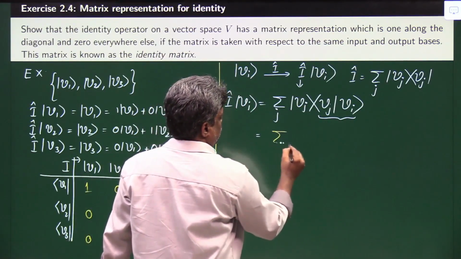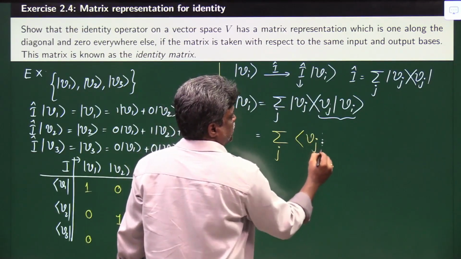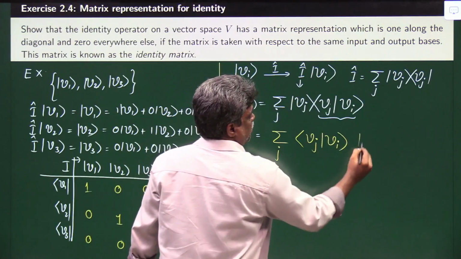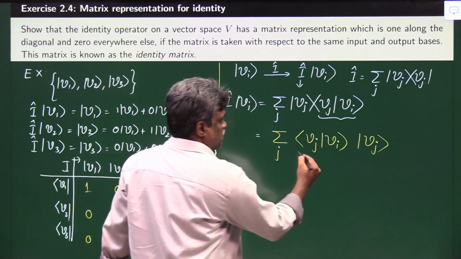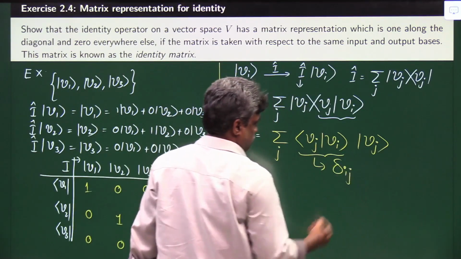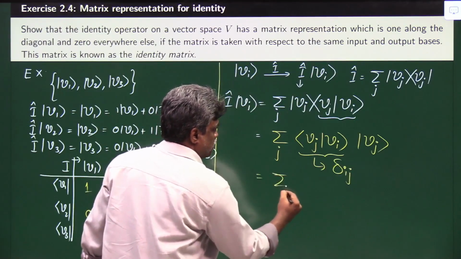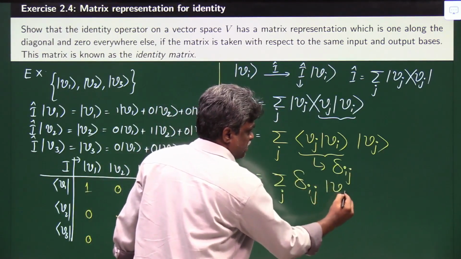So we can write summation over j, the inner product Vj, Vi, and this is a ket Vj. And this inner product is nothing but a Kronecker delta function, delta Ij. So now this is the summation over j, delta Ij, ket Vj.